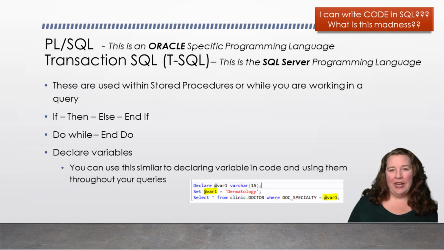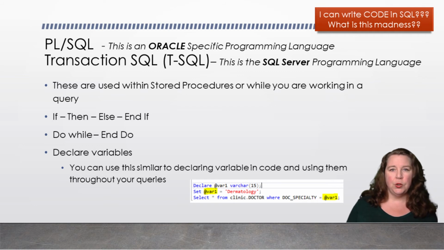So here's where we kind of shift gears a little bit, and you're going to look at me and you're going to go, but wait a minute, this looks like code. This looks like if-then statements, and this looks like do-whiles, and I'm really confused because you told me we couldn't do code in SQL. Yeah, okay, so you kind of can. These are called procedures, and PL/SQL is Oracle's version.